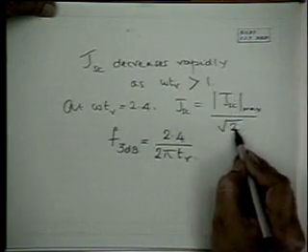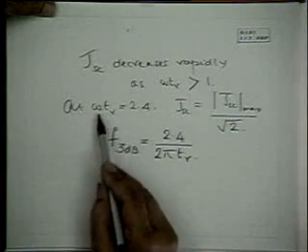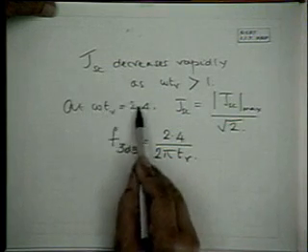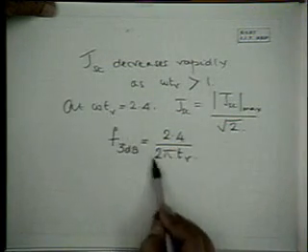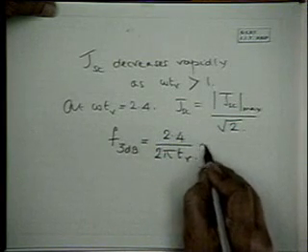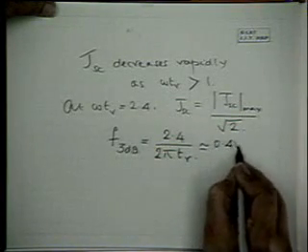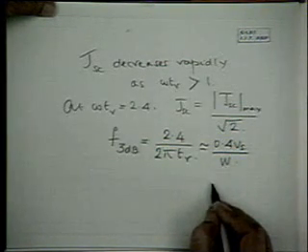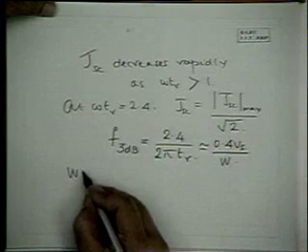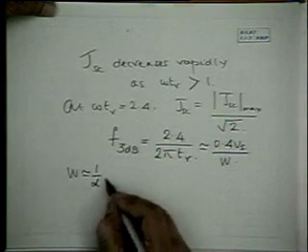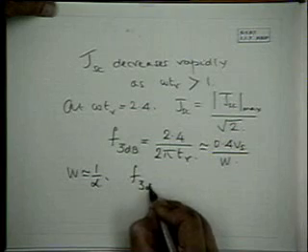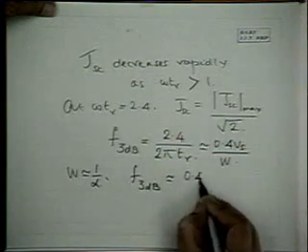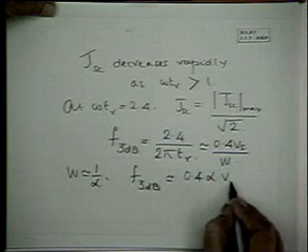This is 1 by root 2, 3 dB. Omega is 2 pi F, so we take 2.4 over 2 pi TR. So this is equal to 0.4 Vs by W. And if W is equal to almost 1 by alpha, then we have F3 dB equal to 0.4 alpha into Vs.